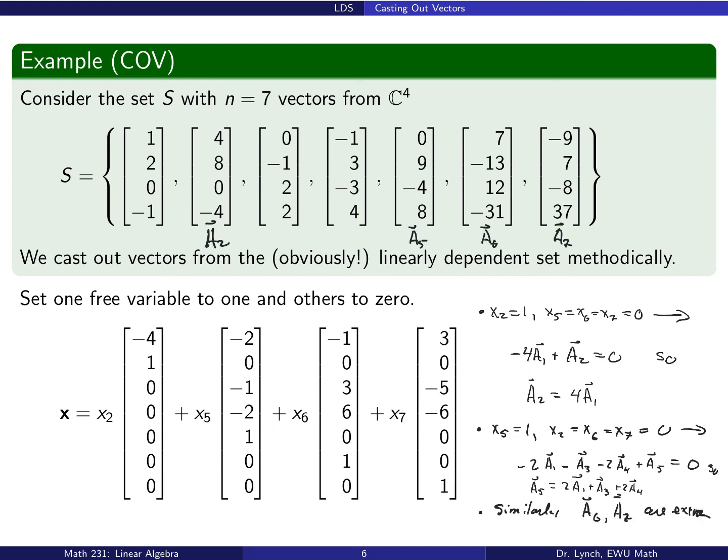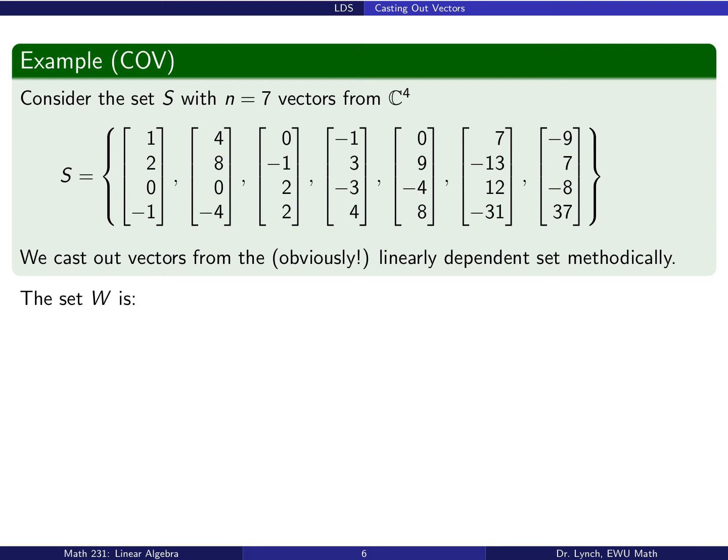Okay, and just in case I wasn't clear, by these vectors a sub whatever, I mean the ith column of the matrix A, right? So we see then that each vector in our original set that corresponds to a free variable is extra. In other words, we can better express this set as a set of vectors where we've cast out all of the other ones.